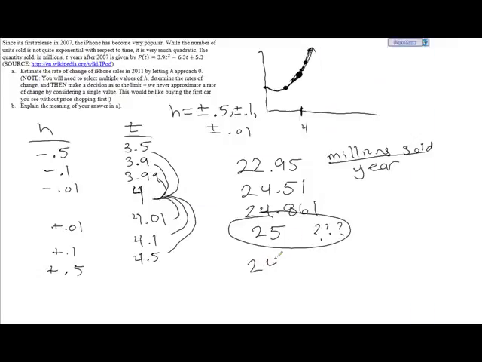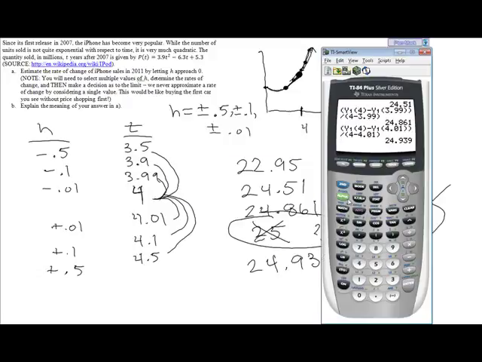Well, I was wrong. The rate of change right there doesn't quite reach 25 yet. So maybe we would need to adjust our estimate and say it's probably closer to 24.9. That was a bad guess, and this is why we need to check both sides, because sometimes it's a little bit deceiving. It doesn't always work out to be nice and pretty.